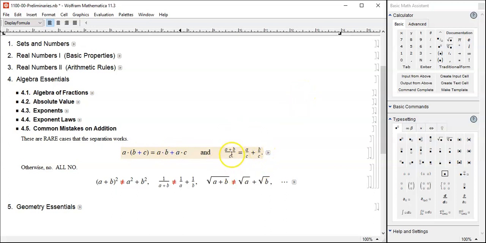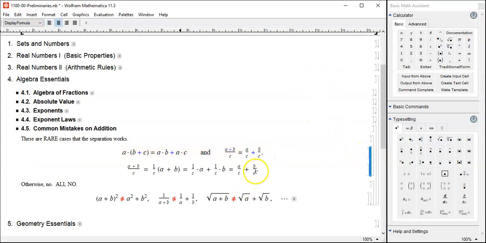And as for this one, this too is coming from the distributive law, as a matter of fact. We can separate the numerator because this is basically multiplying by 1 over c. You see down here? Instead of this, you can consider it as the distributive law, and 1 over c is being distributed into a and b like this. Distribute, and then we end up with the right-hand side.